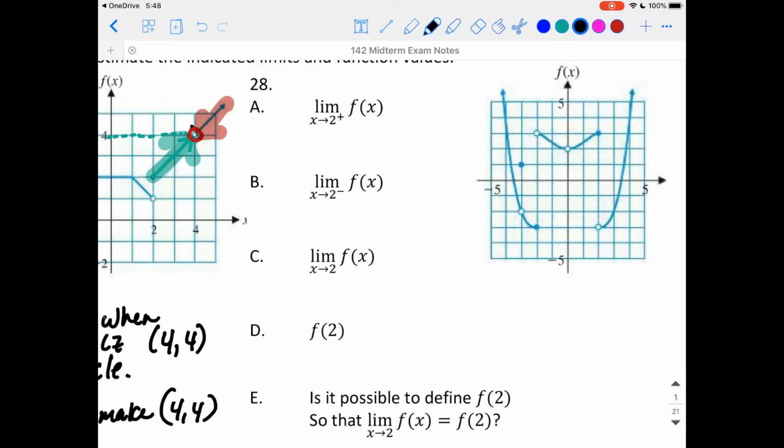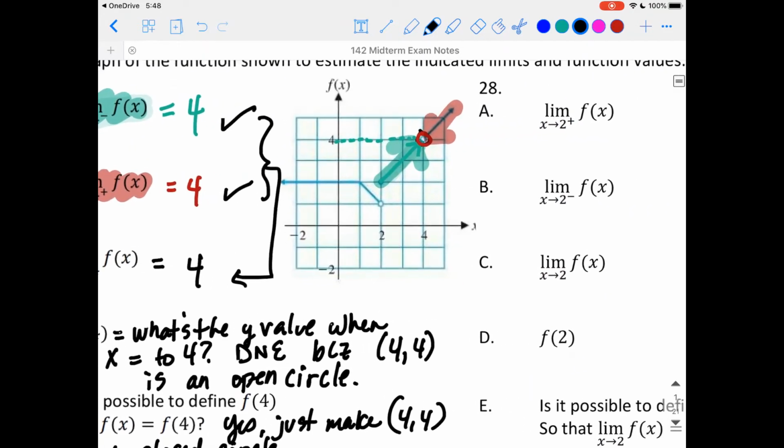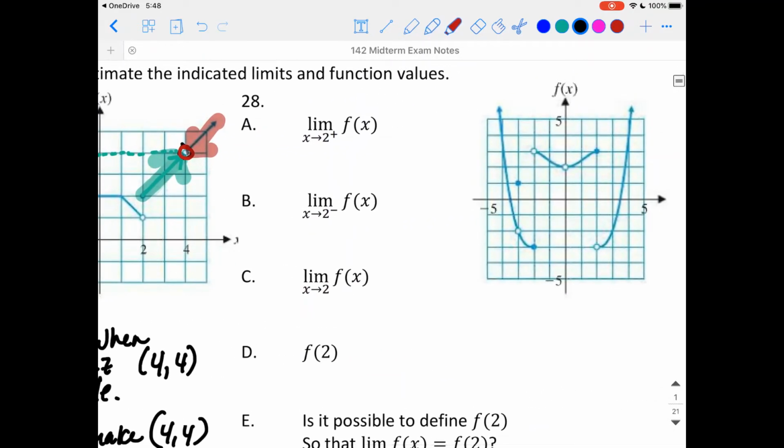Okay, so next one, the limit of the function as x approaches 2 from the right-hand side. So I'm going to try to use the same color coding here. Okay, so at x equal to 2, maybe I should highlight here. Here's the 2. That's not what I wanted. Sorry.